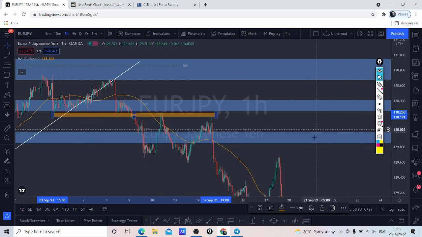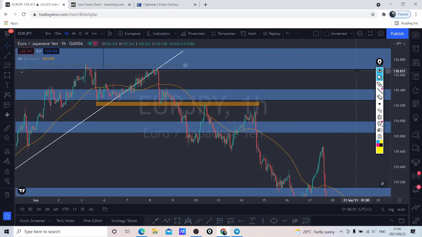Let's zoom it out. So we saw the market breaking here, breaking the previous trend, breaking the moving average here. We were clearly selling, and we were waiting for a pullback in line with the high of the day and look for a continuation.